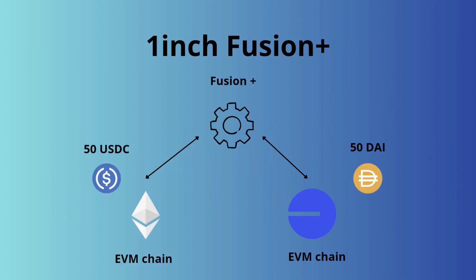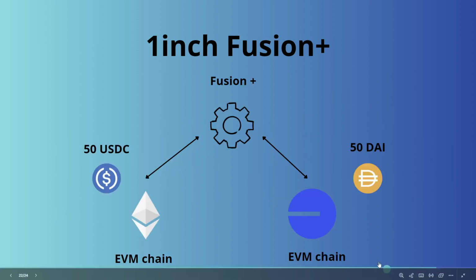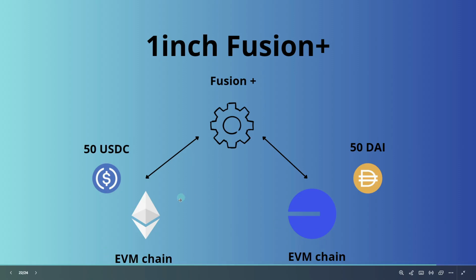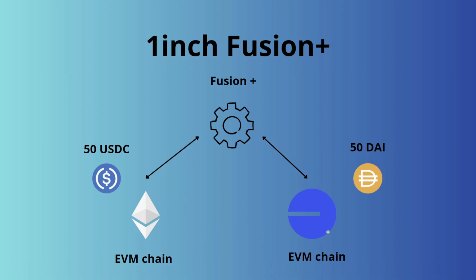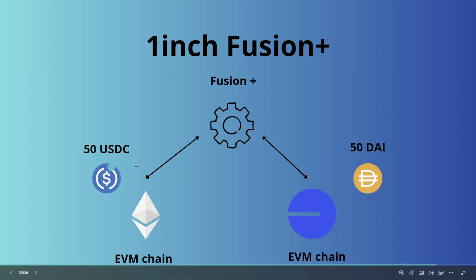So we can basically, as we said earlier, make the swap between two EVM chains, like for example Ethereum layer 1 and Base, or for example Polygon and Base, whatever. So the user has 50 USDC on one chain and will get 50 DAI on the other chain.